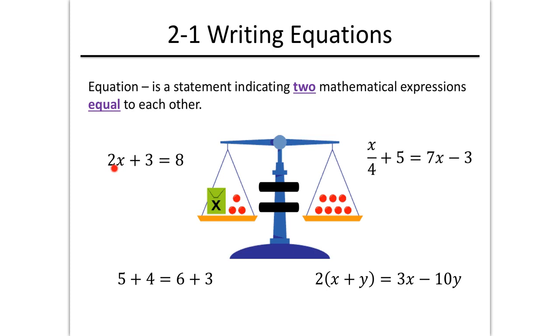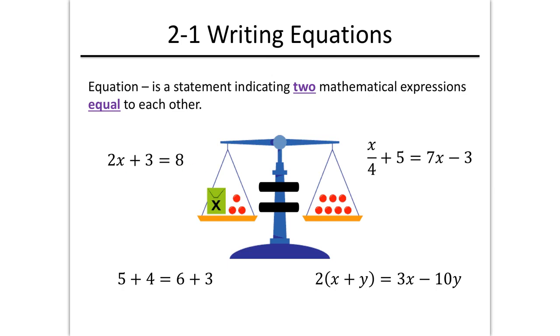You have 2 times x plus 3. And this side of the scale, go back to that picture, has to equal the right side. So it's just like this one here. We have a variable with 3 red balls, but it has to equal the same weight as 7 red balls. So that's what it is.